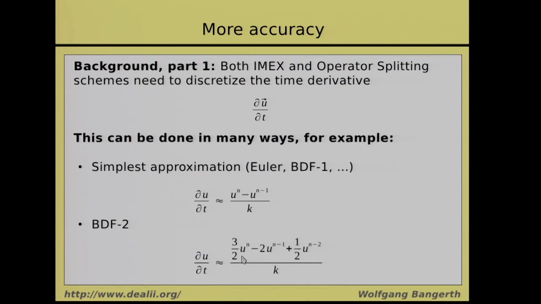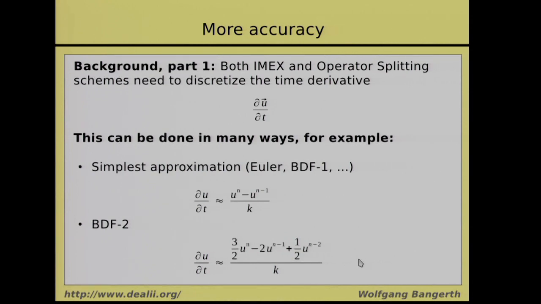I could also use something like this. So it's 3/2 of u_n minus 2 u_{n-1} plus 1/2 u_{n-2}, divided by k. That is also a finite difference approximation of the time derivative, and it turns out to be 1 order more accurate. And if I have u_{n-3} and u_{n-4}, I can find other weights here that allow me to do something similar.